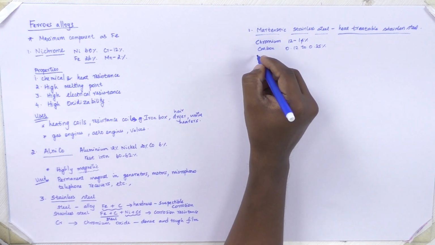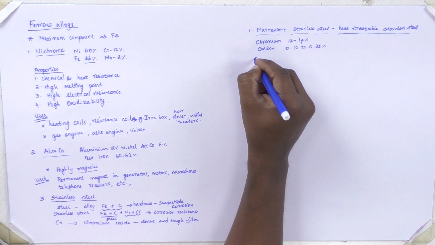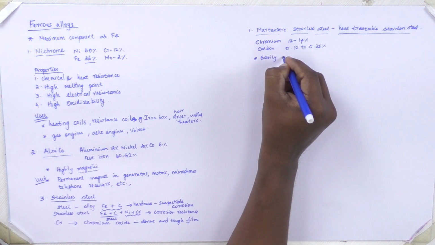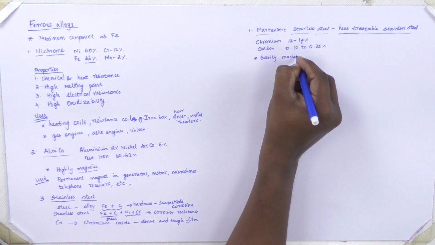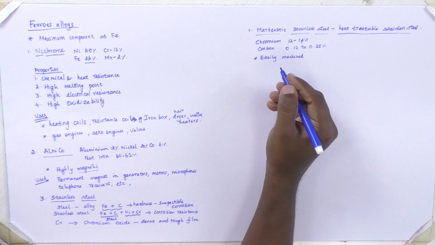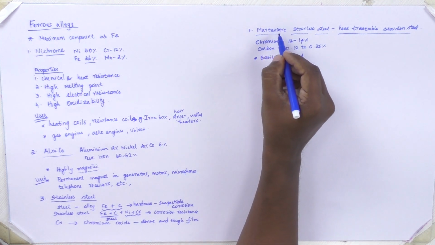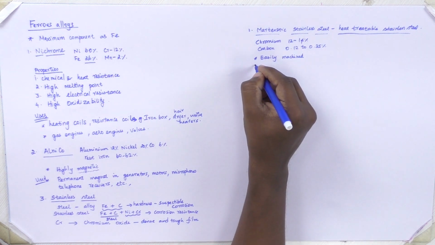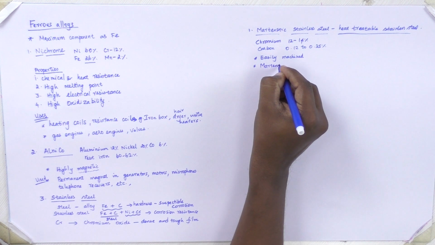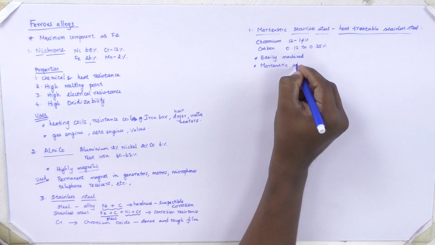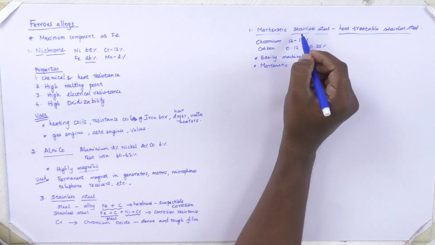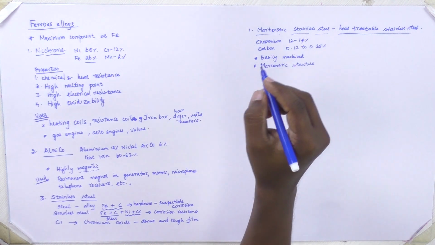It has the property of being easily machined. So you can make machine parts easily out of this stainless steel, and the name martensitic comes from the structure. It possesses this structure, that's why the structure name turns out to be the name of the stainless steel.